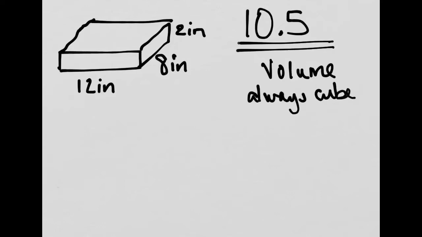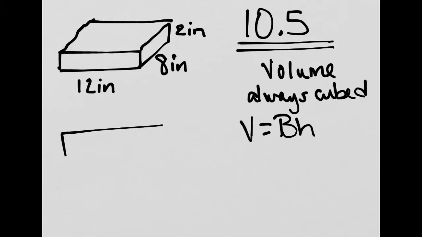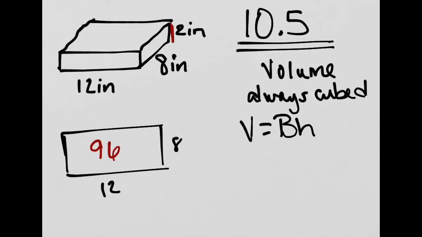Always cubed. Okay, so when we do this, the simple formula is the base area times the height. In this case, a rectangular prism, the easiest way to do it, we're looking at the area of the base. The area of the base is 12 times 8, which is 96. And then our height is the distance between the two bases.